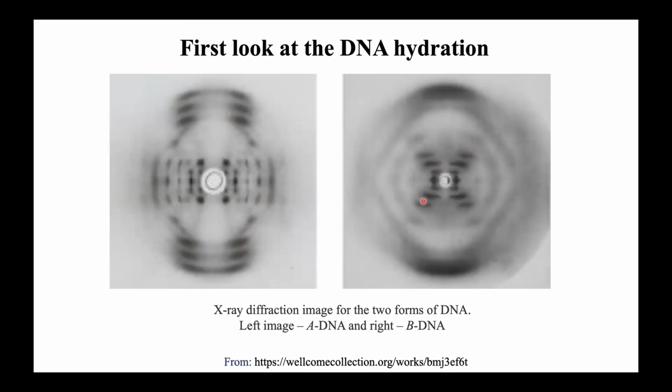This showed that DNA can exist in at least two conformations or forms: the A form on the left of the slide and the canonical B form on the right. This later also helped to discover the DNA structure by Watson and Crick.